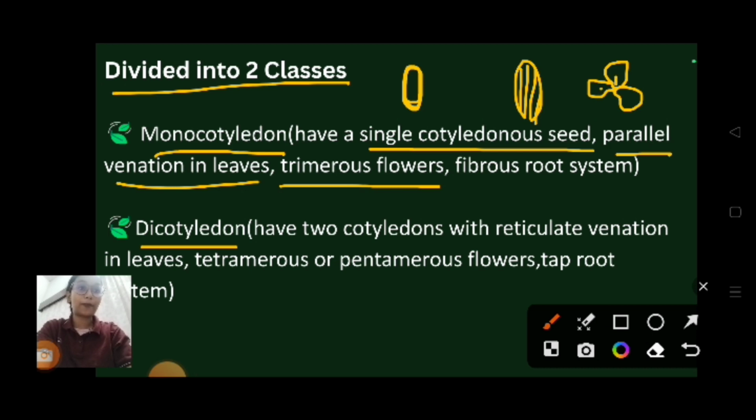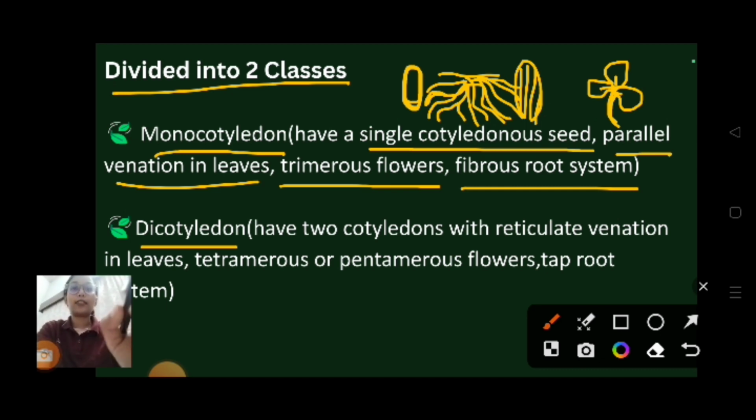Basically the flowers have a 3 petal structure, and they have a fibrous root system, not any kind of taproot system. There is no demarcation of primary or secondary roots. So these are the characteristic features of a monocotyledonous plant.